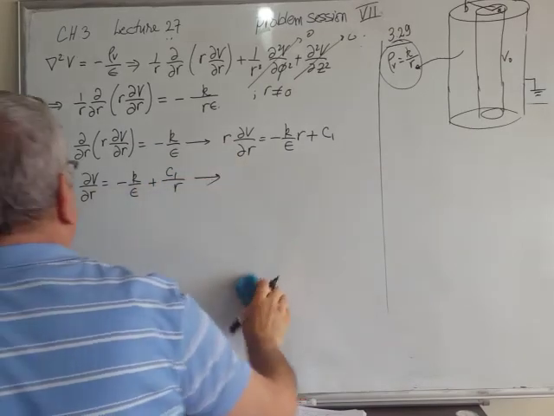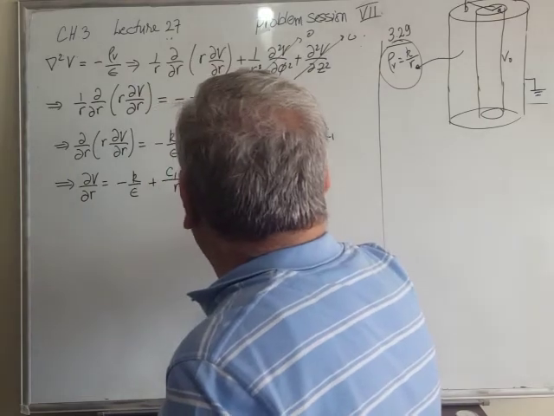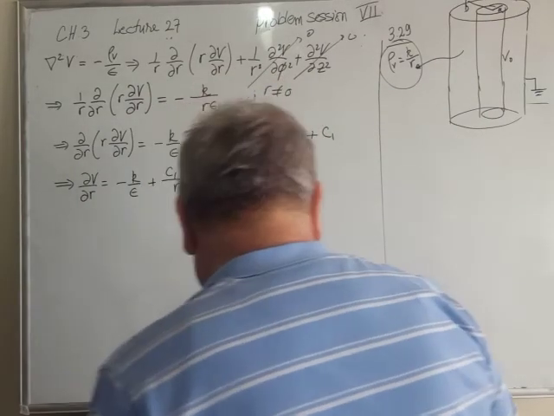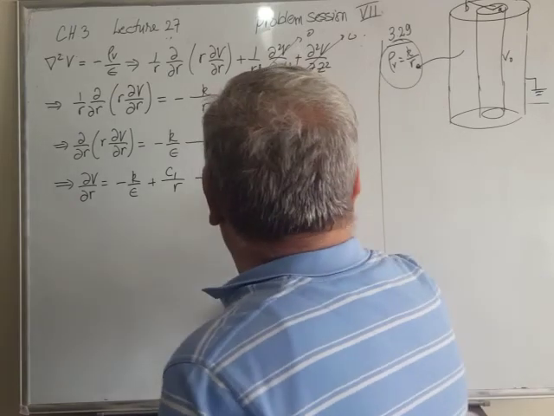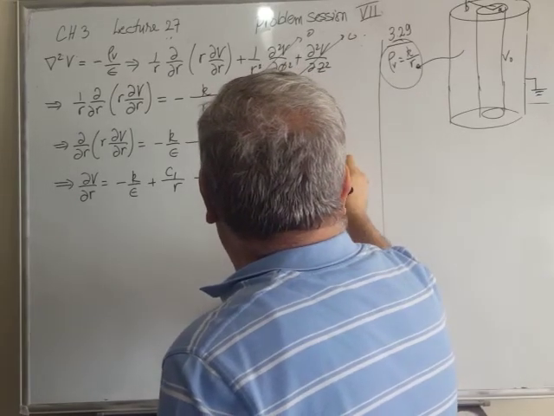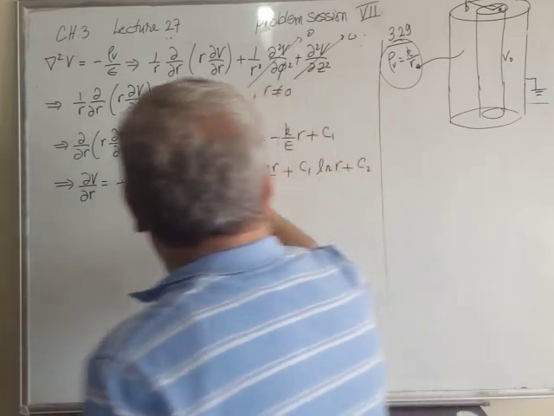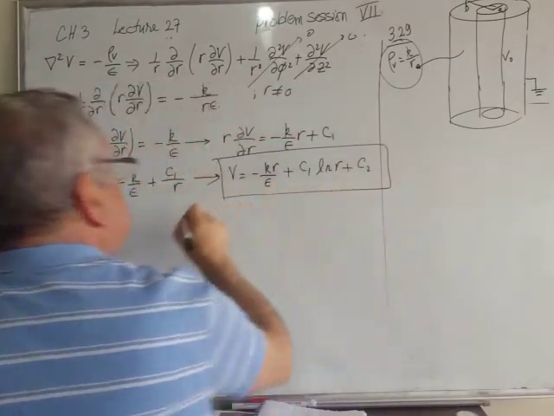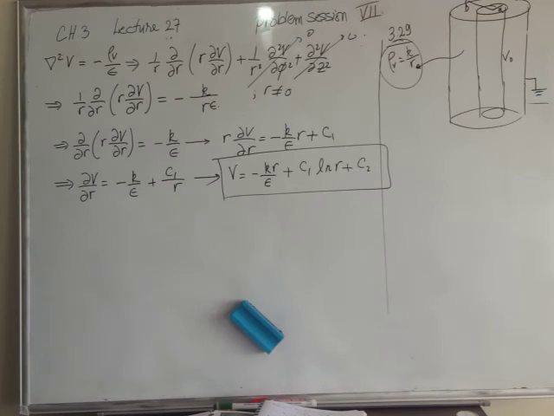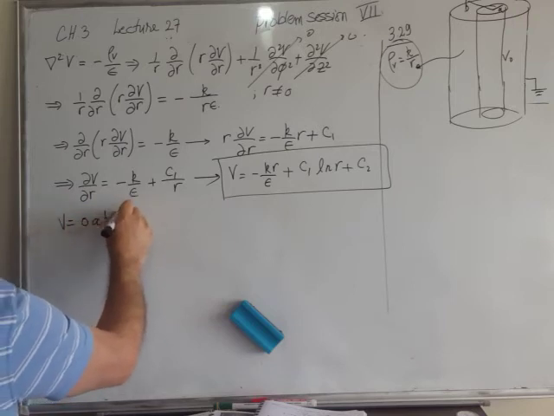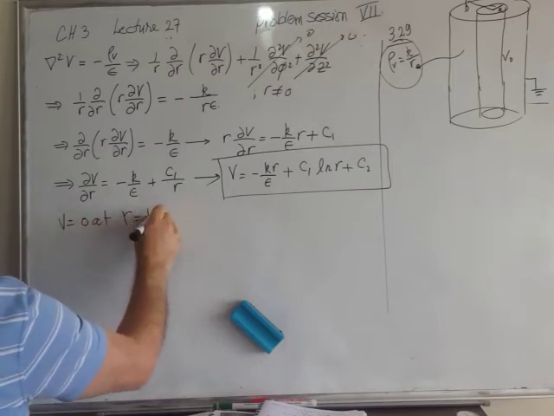Now you make another integral to find v, then your v will be minus k r over epsilon plus c1 ln r plus c2. So this is v now with two constants of integration. We have v equal to 0 at r equal to b.